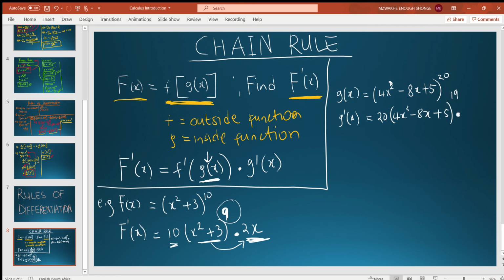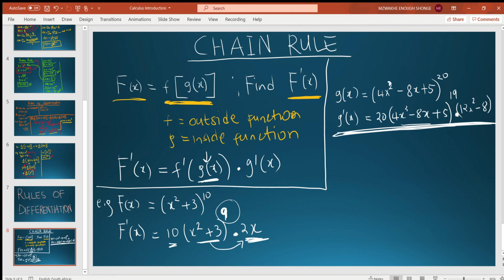Multiply by the derivative of the inside function. The derivative of the inside function is 12x squared minus 8. And this is your final answer. This is called the chain rule.